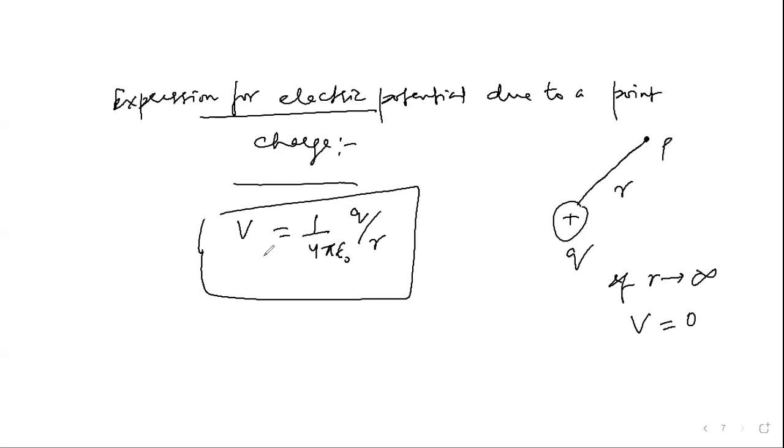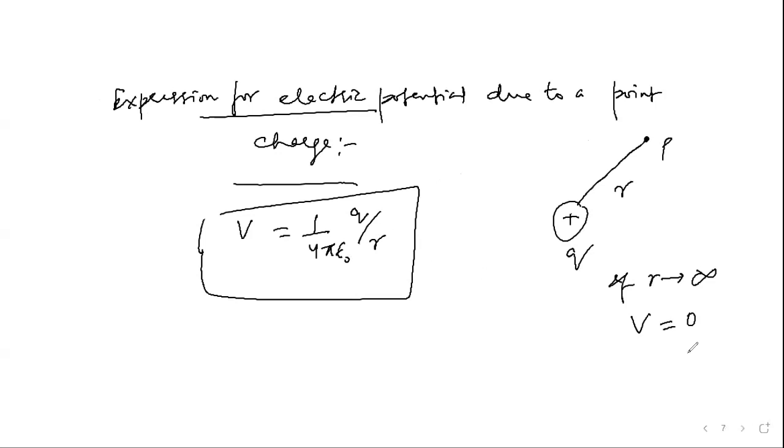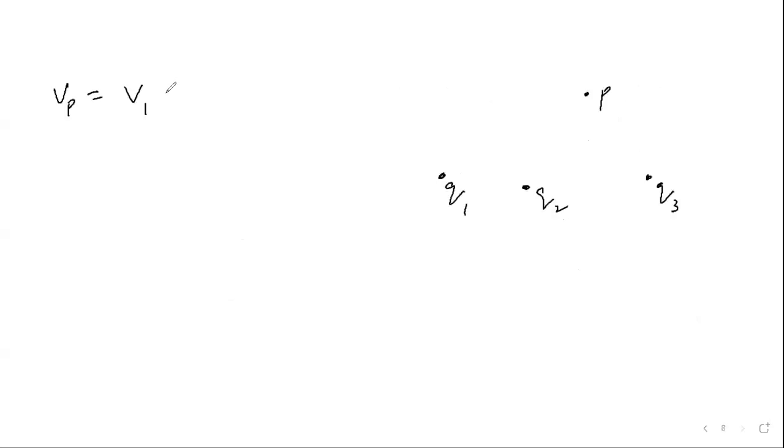Similarly, if I have many charges, charge Q1, charge Q2, charge Q3, and I have a point P, I have to find potential at point P. What you do, you find potential due to charge 1 using the expression 1 by 4 pi epsilon naught Q by R. Then find potential due to charge 2, assuming Q1 and Q3 are absent. Then find electric potential at point P due to charge 3, V3, assuming the other two charges are absent.